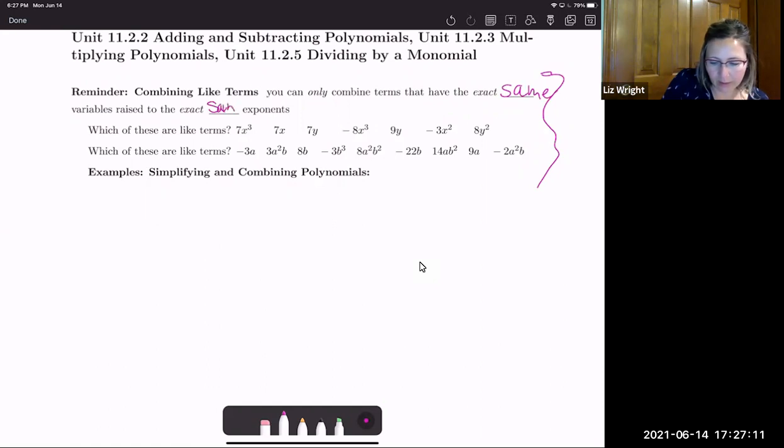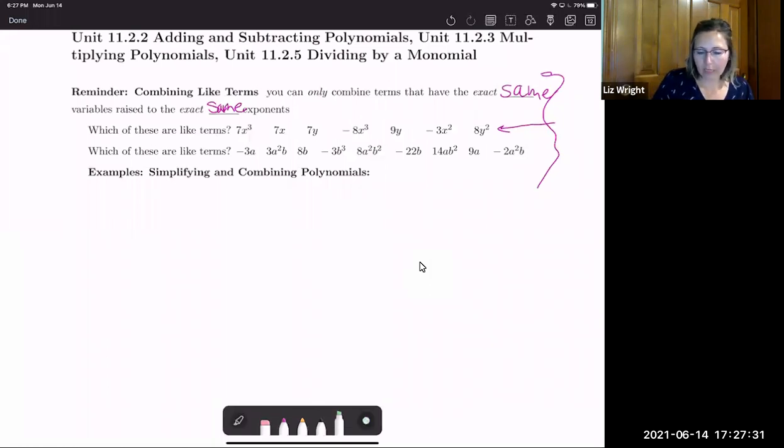Of the terms in this row, circle or box or color code which terms are like terms.